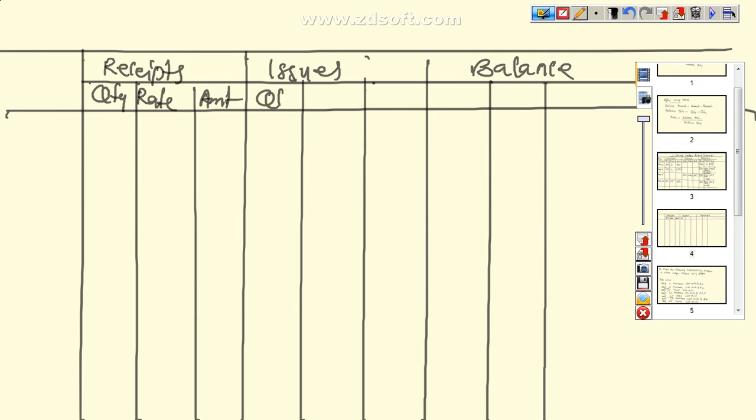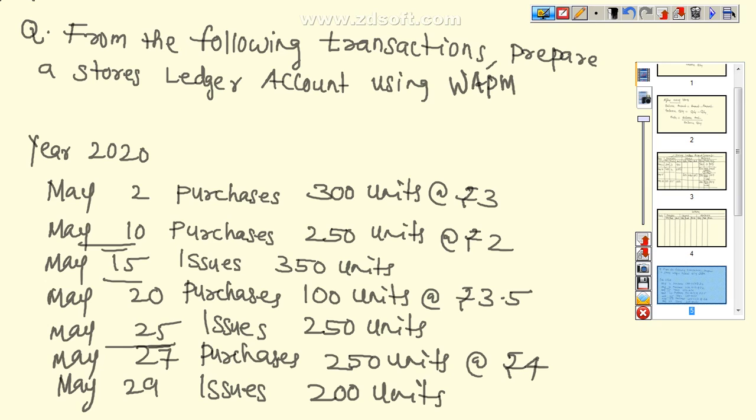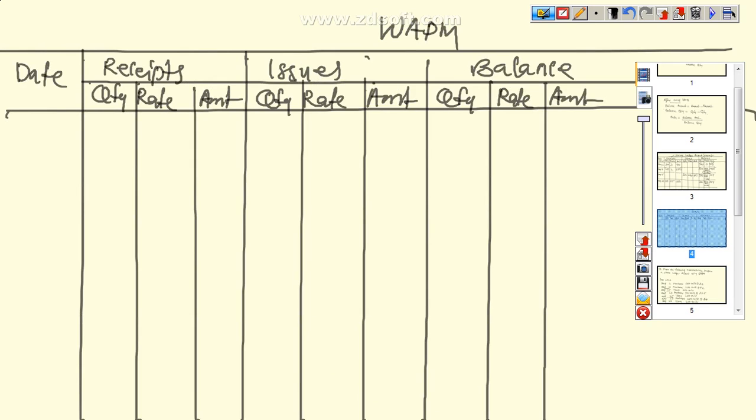Here also quantity, rate, amount. Here also quantity, rate, amount. Here we write date. Which method are we following? Weighted average price method. So how many units do we have to issue on 25th? 250 units. So we write it here.